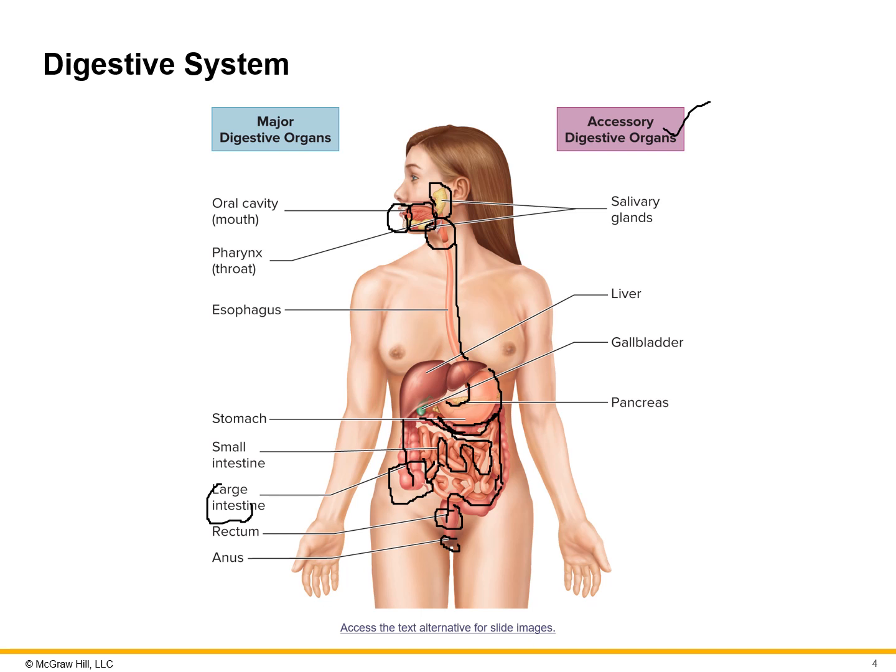The next accessory structure is quite large and located in your upper right quadrant. And this is a large organ, which is your liver. And squished underneath the liver is this really small sac that stores bile.